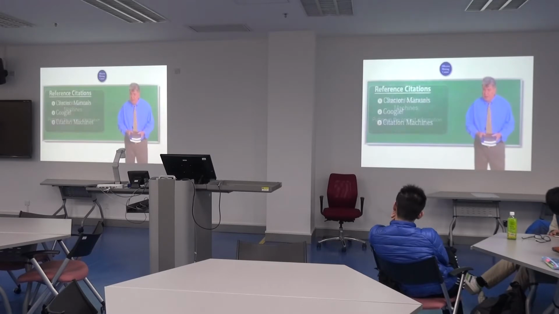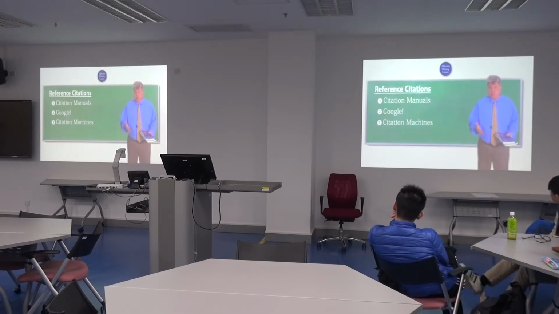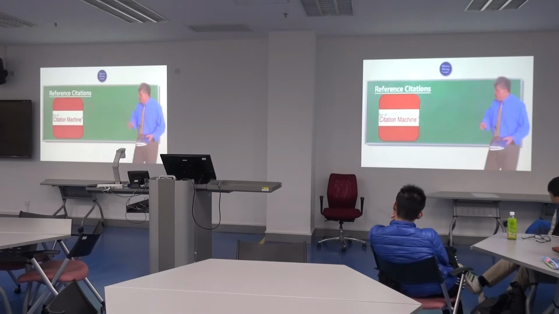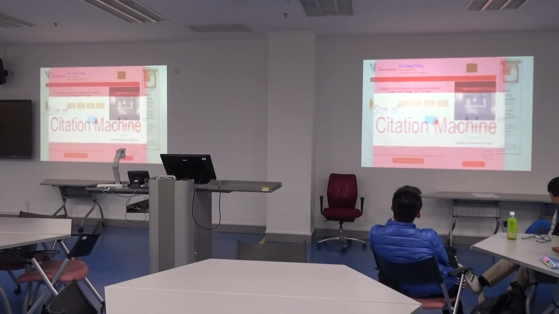But I do guarantee you that the citation machine will, more often than not, get you much closer than the handbook and the Now, which citation machine should you use? There are a lot of good ones out there, but there's only one that gives you both the reference citation and the intent citation. And that machine is the citation machine. And that's what this video is all about.